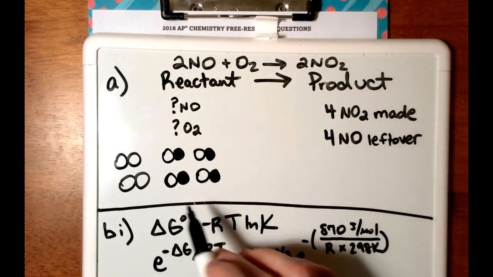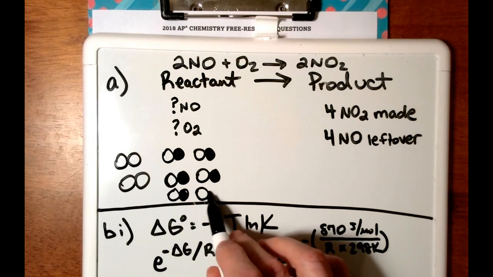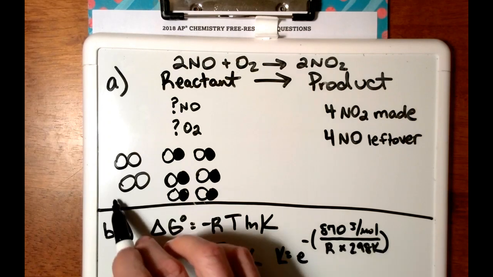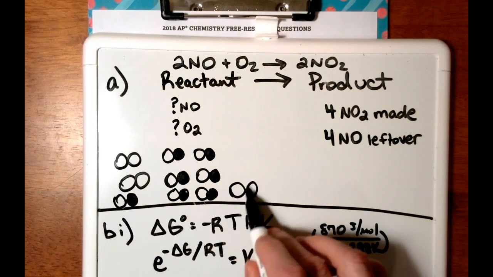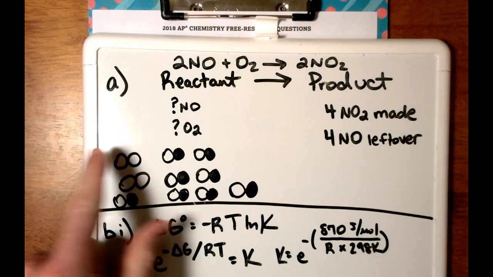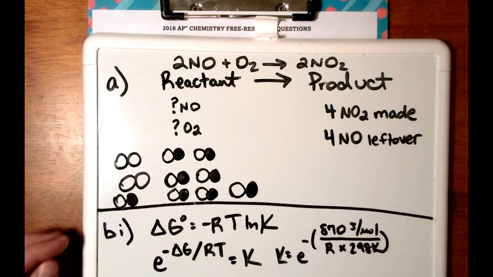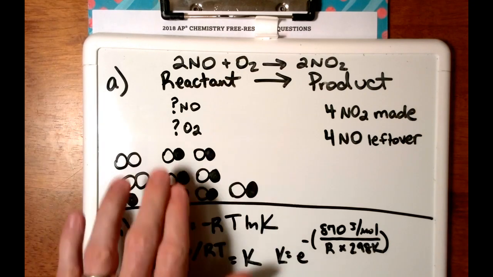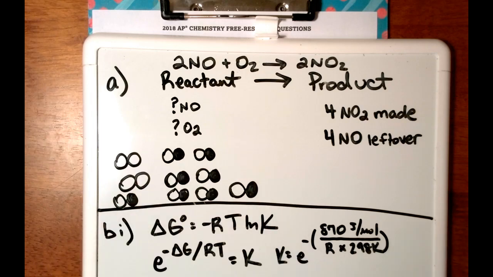You also have to draw the ones that are left over because they were present there in the beginning as well. So the answer for part A, we needed to see how many NOs and O2s there are. There are 2 oxygens, and we have here 8 NOs.